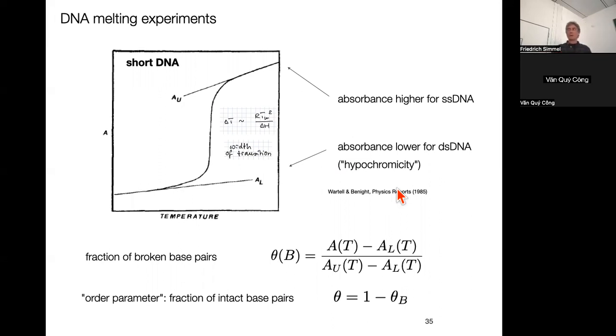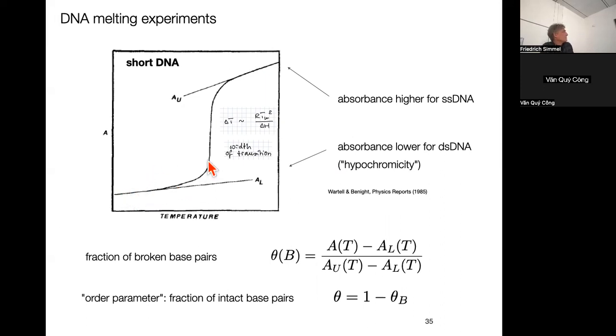So when you vectorially add up these dipoles in the double helix, the effective dipole is smaller than when they are separated, and therefore the absorbance is smaller in the double helix than for the separated strands.